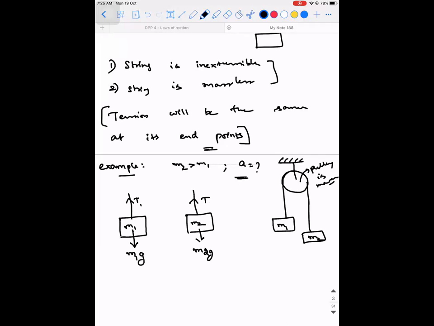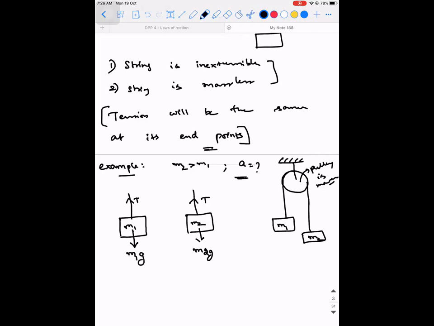So T1 and T2. Is this right? Right or wrong? Right, sir. Sir, tension should be the same, right? Tension is the same. Why? Because string is assumed to be massless.